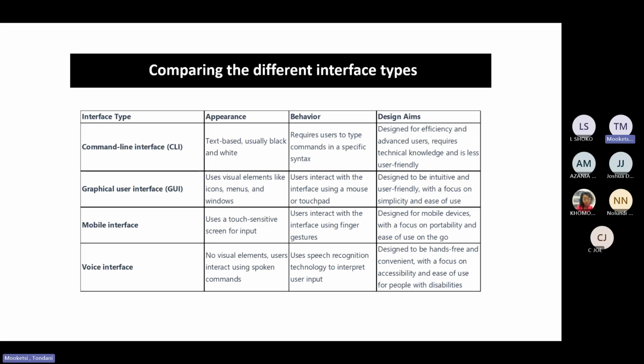So we also have the mobile interface type, which is a touch screen. Users interact with the interface by using finger gestures. So you can just imagine how you use your smartphone or a tablet. That is a mobile interface. And it is designed for portability and ease of use on the go.